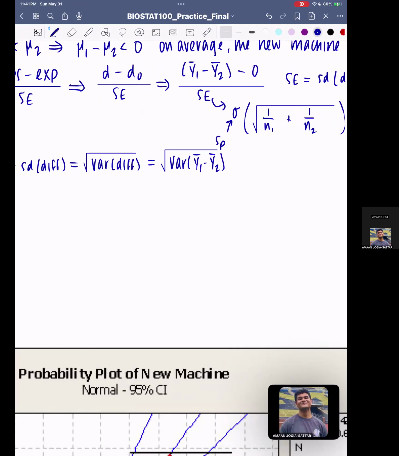What do we know about y1 bar and y2 bar? We assume that the distributions of observations that make these are independent, as in we assume that the current machine or the old machine and the new machine don't have any pairings with one another, which means that for a variance calculation, we're having additivity.